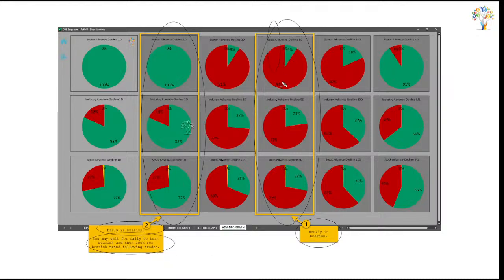Now weekly is bearish, daily is opposite colored green bullish. Wait for daily to turn bearish again, and that will be the time to take bearish trend following trades. The same concept as in the technical analysis, but here using the sector industry stock breadth.